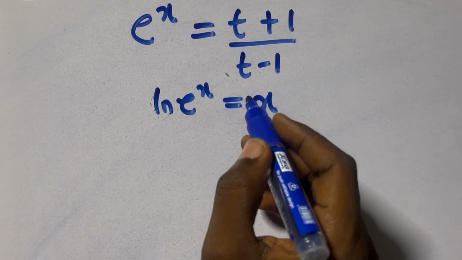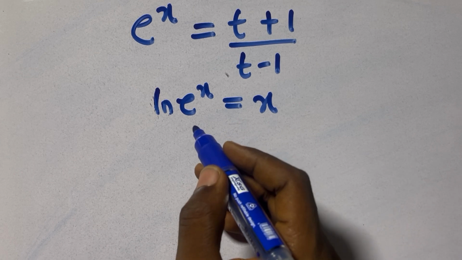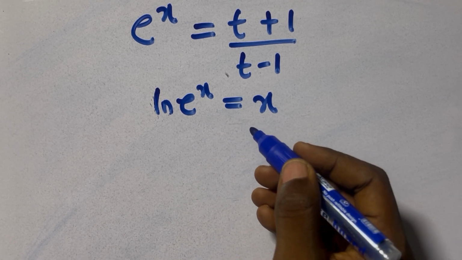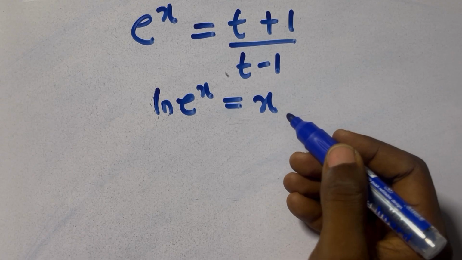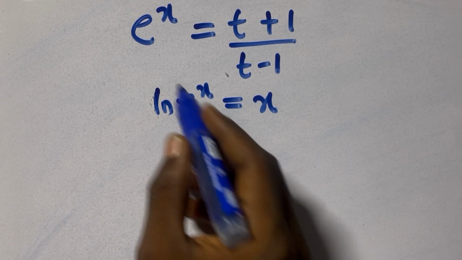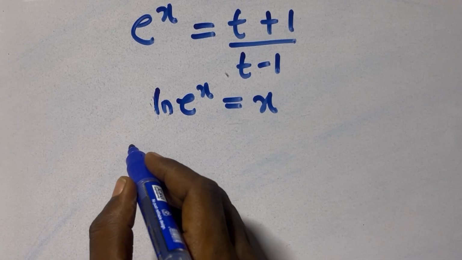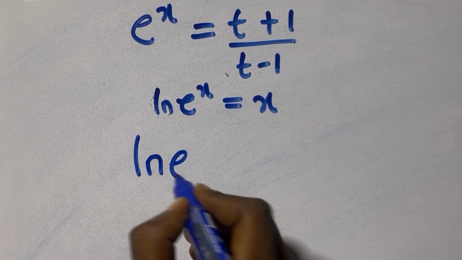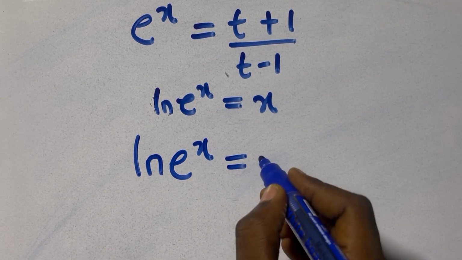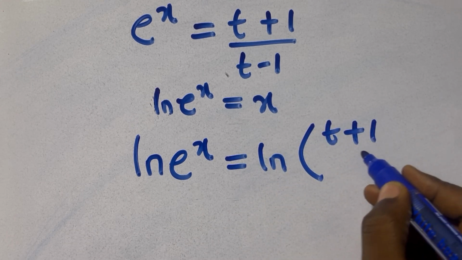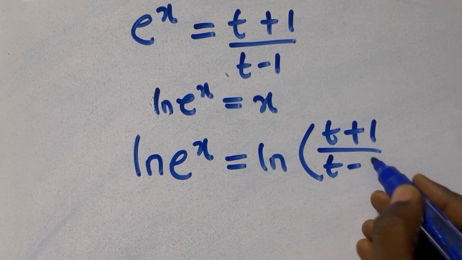What I'm trying to say in essence is that natural log is majorly used to find the exponent when the exponent is unknown. So if you introduce the natural logarithm to both sides, we have ln eˣ = ln((t + 1)/(t − 1)).